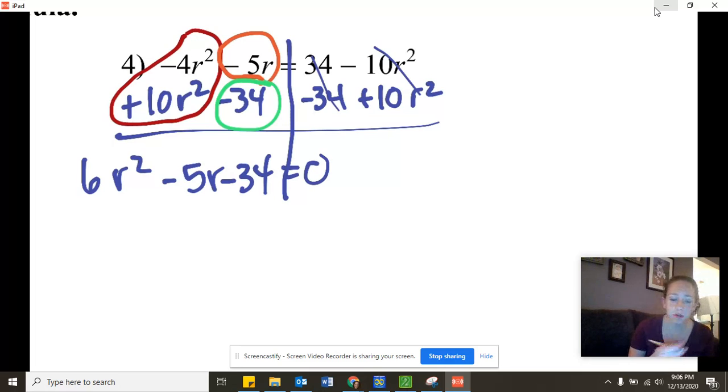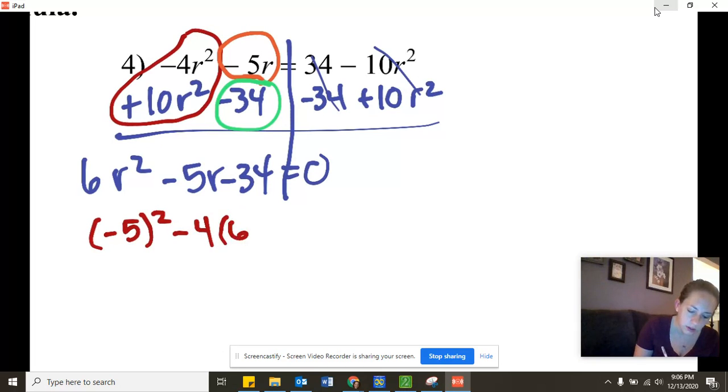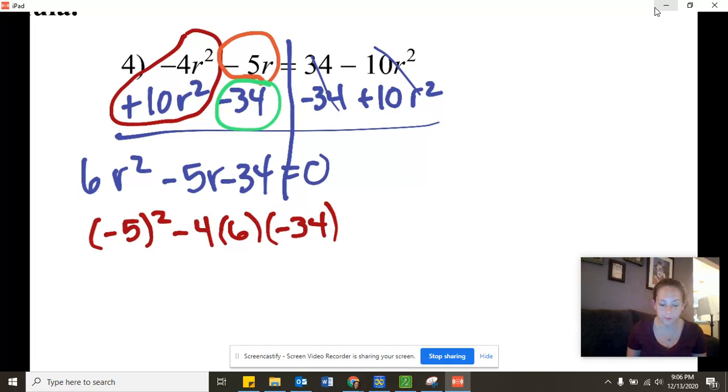So I'm going to start with the discriminant, which is b squared minus 4 times a times c, which I don't know, guys. I'm not doing that in my head. Okay, 841.